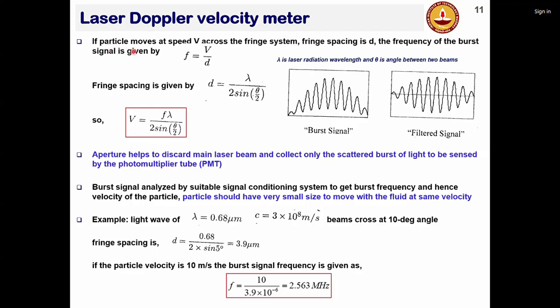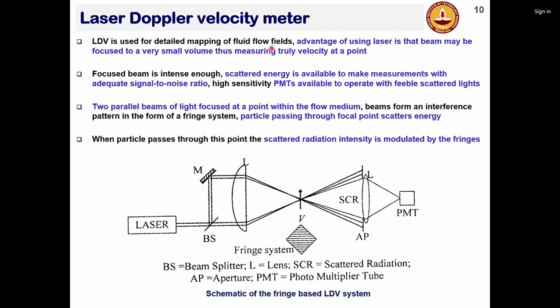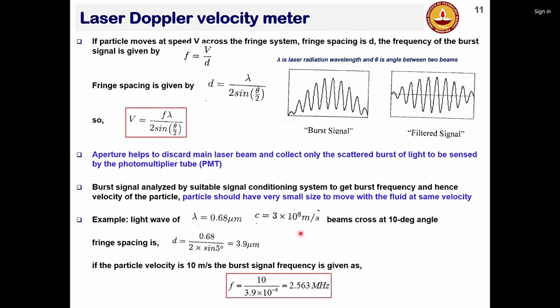If the particle is moving at some speed v across the fringe system, and let's say this fringe system has the spacing between adjacent fringes d, then the frequency of the burst signal is given by v divided by d.